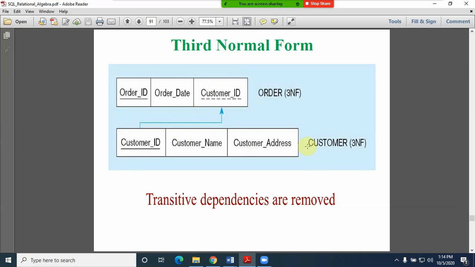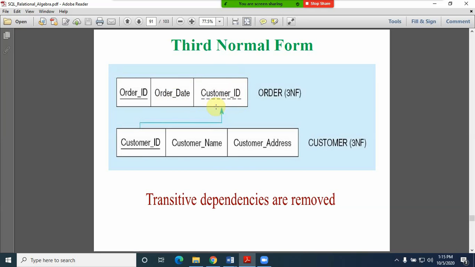And in the customer table, friends, we have customer ID, customer name and customer address. This customer table acts as a master table for the customer ID foreign key in the order table. So order ID is a primary key, order date is a non-key, and customer ID is a foreign key.